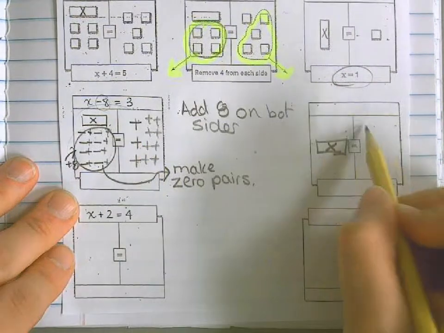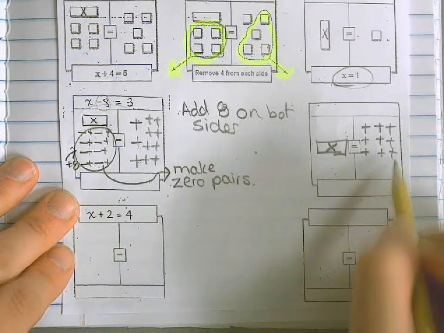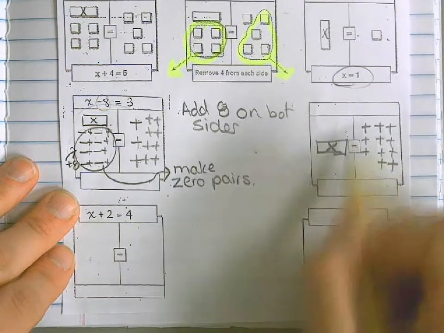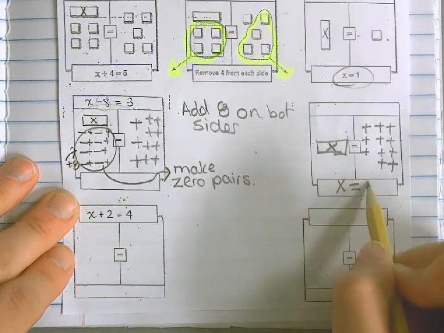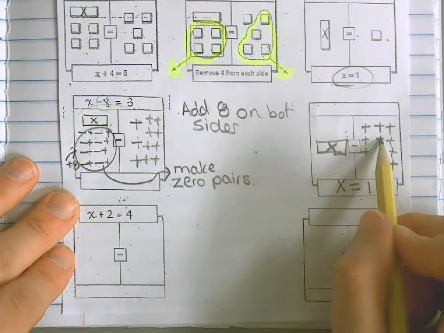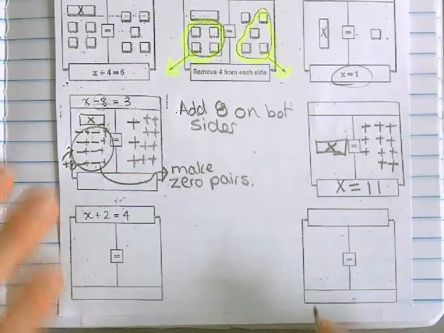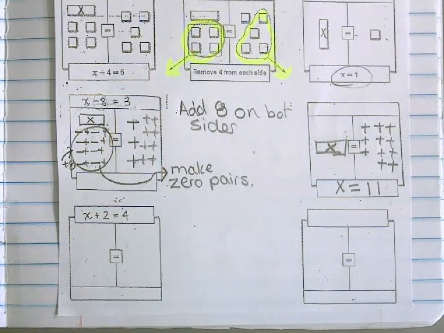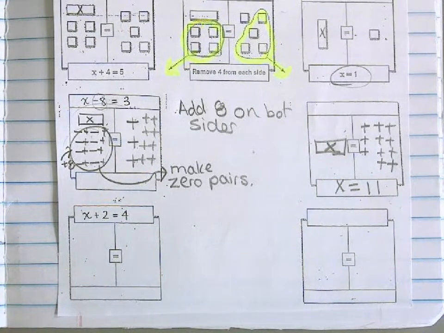Now I just have x, and then I have 1, 2, 3 original, and then 1, 2, 3, 4, 5, 6, 7, 8 positives that I added, so that ends up being x equals 11. 1, 2, 3, 4, 5, 6, 7, 8, 9, 10, 11. So again, that's the difficult one. It's where we have to get creative and make those 0 pairs.